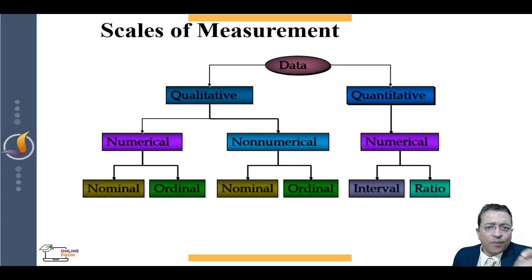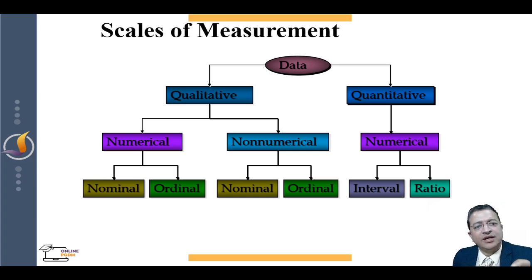Look at the classification corresponding to the level of measurement. We will see that in case of qualitative, it could be both types: numeric and non-numeric. In case of numeric, it could be nominal as well as ordinal, and in non-numeric, it could again be nominal or ordinal.